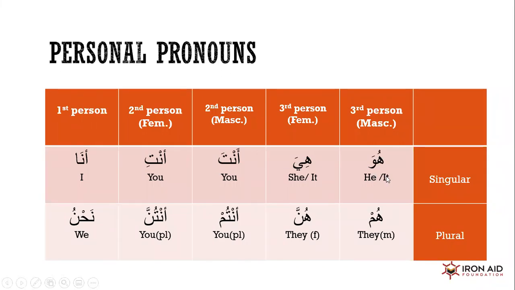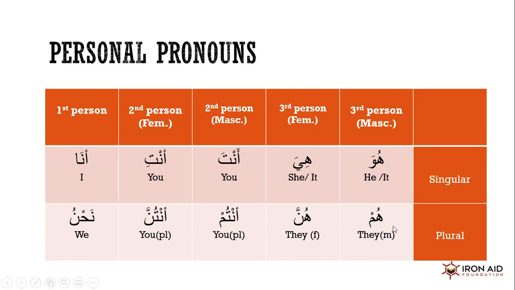So if the object is masculine, you would use the pronoun huwa. If it's feminine, you would use another pronoun here. So we'll cover that shortly. And again, he means huwa. Plural, you use the pronoun hum. So when it comes in the Quran, hum means they.